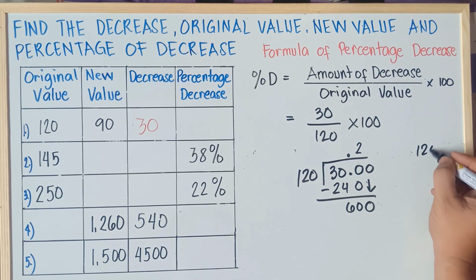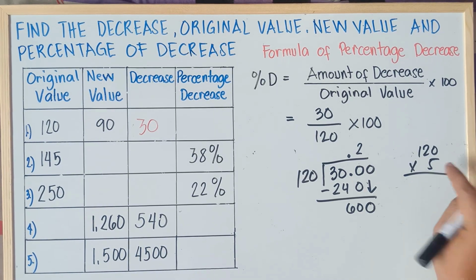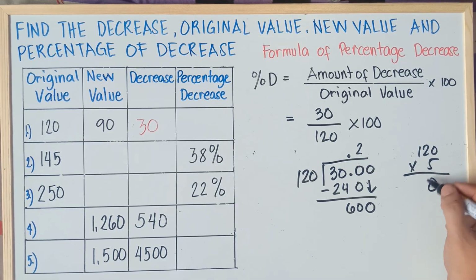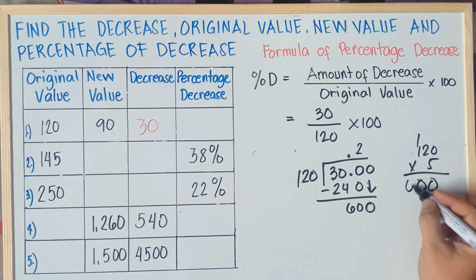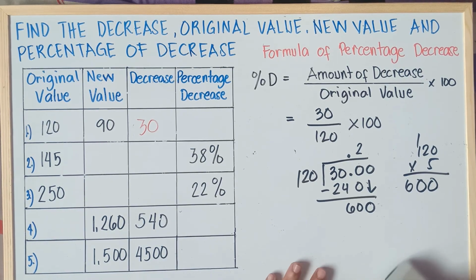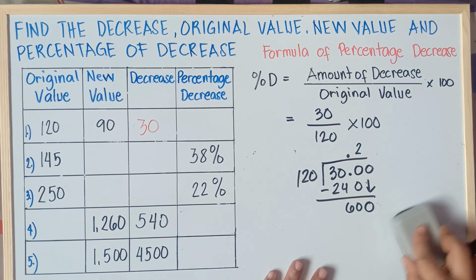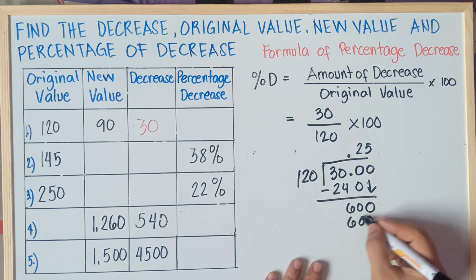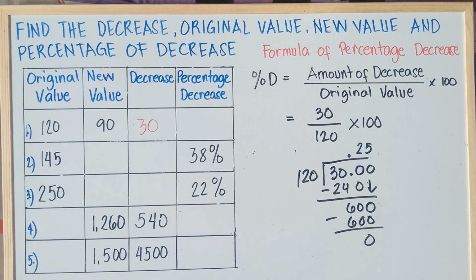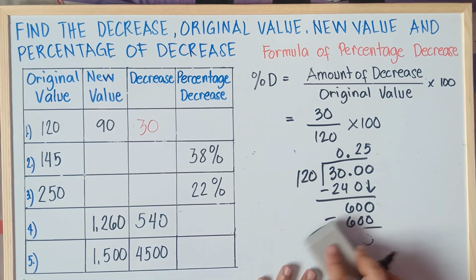Let's check, class. 120 times 5. 5 times 0 is 0. 5 times 2 is 10, 0 carry 1. 5 times 1 is 5 plus 1 is 6. 600. So 600 divided by 120, that is 5. 5 times 120, that is 600. Subtract, that is 0. So 30 divided by 120, that's 0.25.